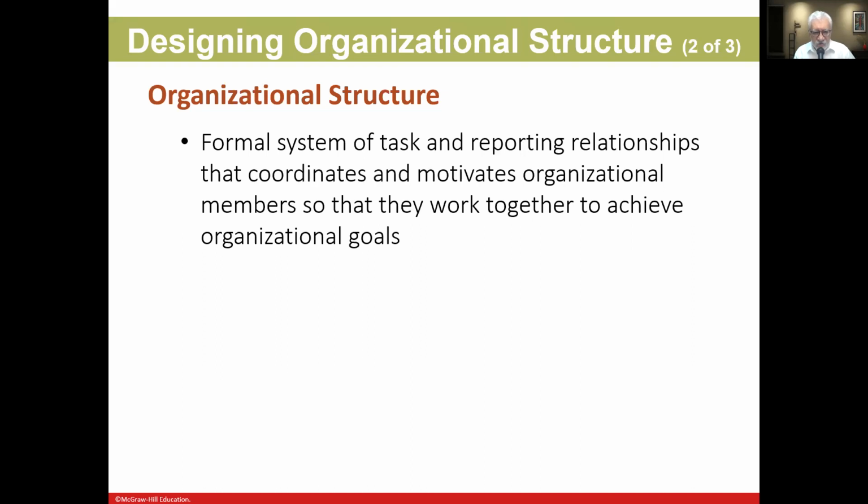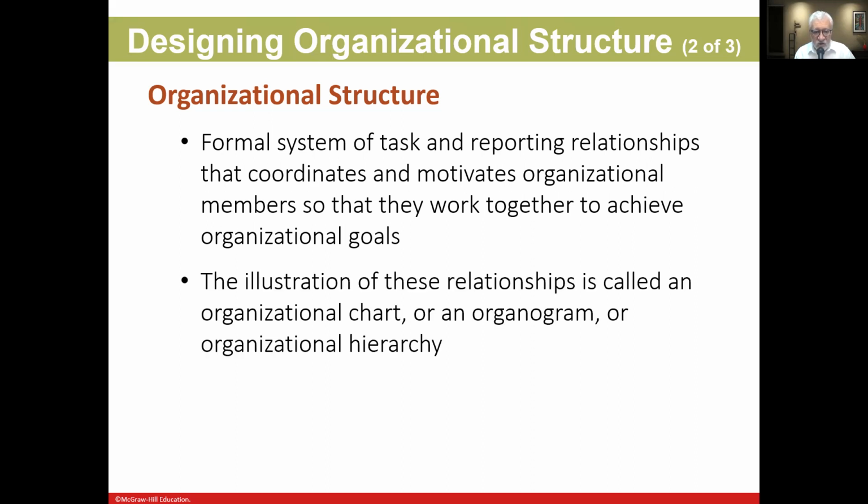However, our intention here is to look at organograms or organization structure. So we must define that. And that's what you see in front of you. An organizational structure is simply a formal system. Okay. Now that formal system is something we can draw in the form of a chart.